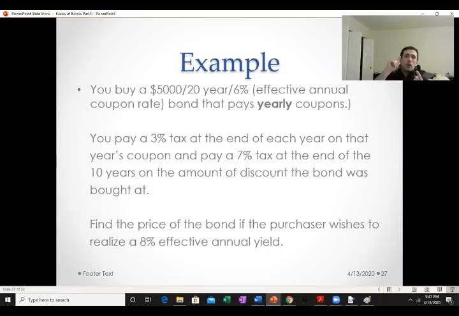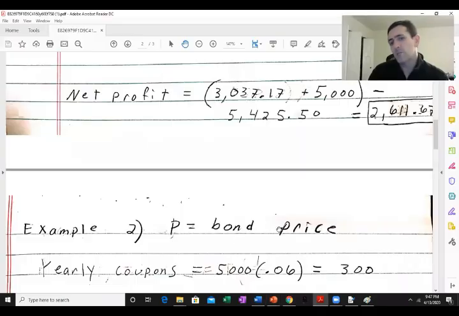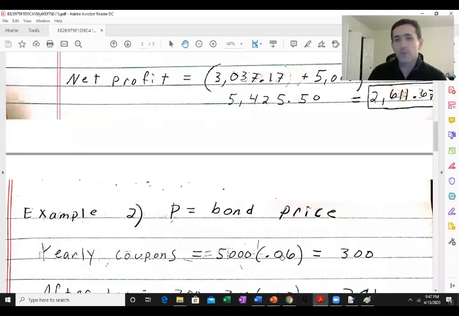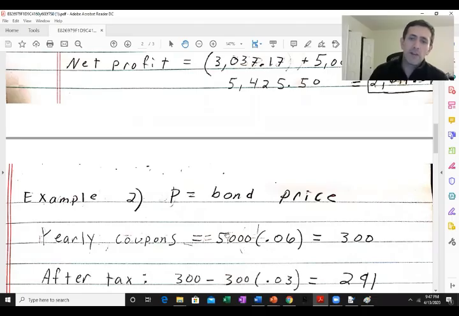It's an annual rate; bond interest rate and coupon rate are the same thing. And we have yearly coupons. So F times R, F your face value, R your effective per period coupon rate, is 5,000 times 0.06, which is 300.